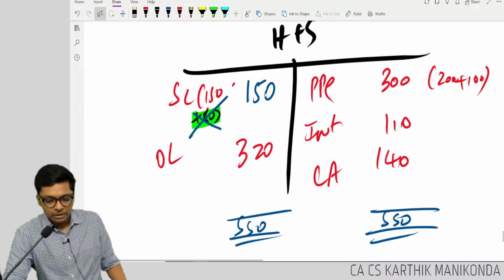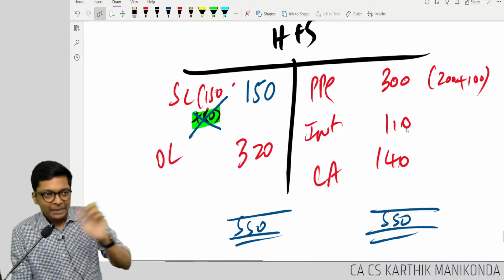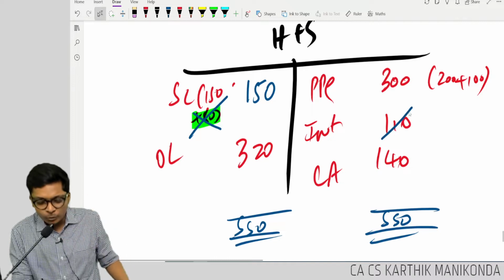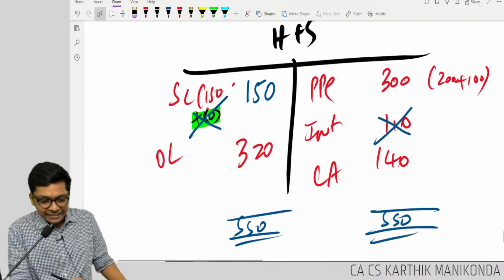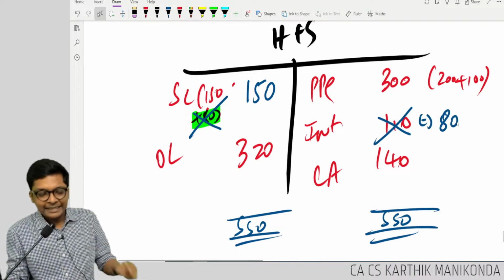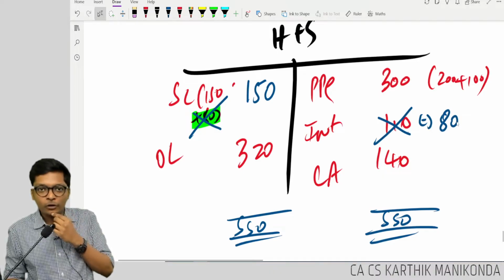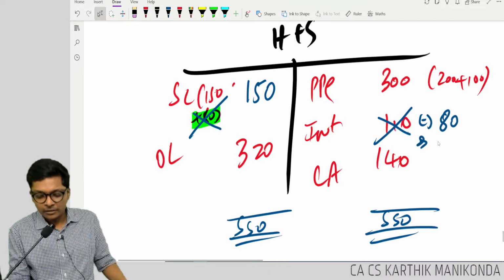Super, sir. But this side I should match it, correct? I can't reduce 110 here. Here I am reducing 80. So here also I can reduce only 80, correct? Are you following, guys? So how much is left?